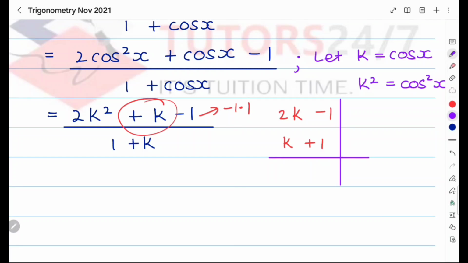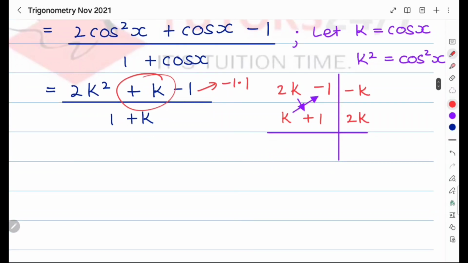We are going to cross multiply. So that is then going to give us k times negative 1, that is negative k. 2k times positive 1, that is positive 2k. If you add up negative k and positive 2k, you get positive k, which is the middle term.